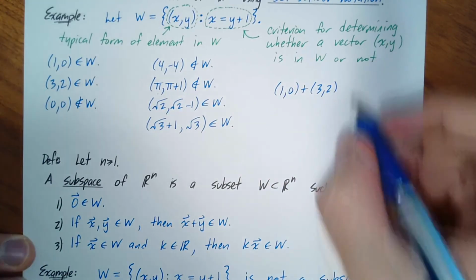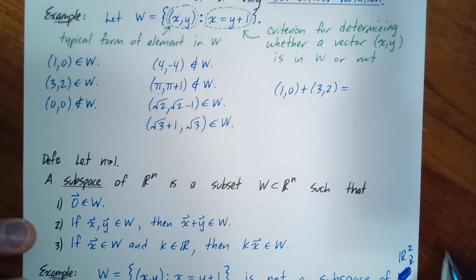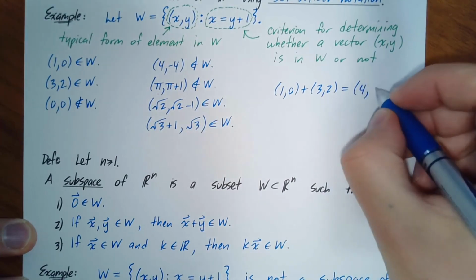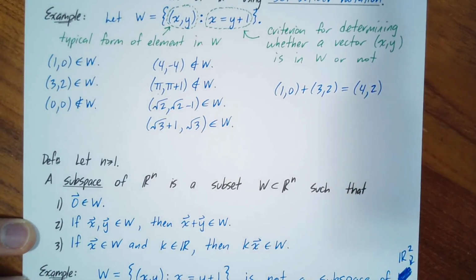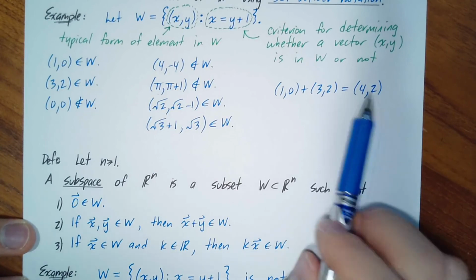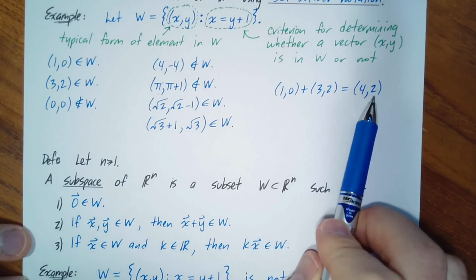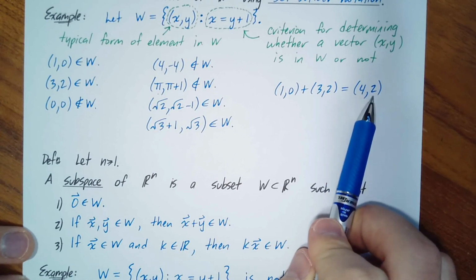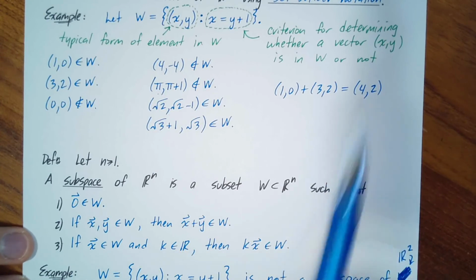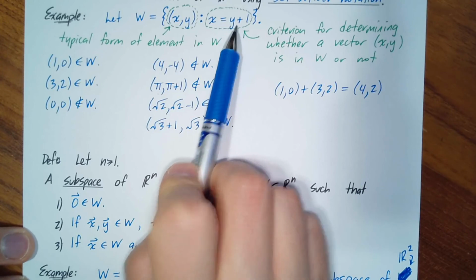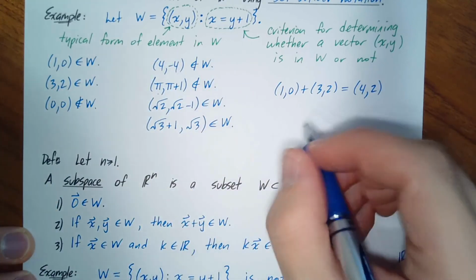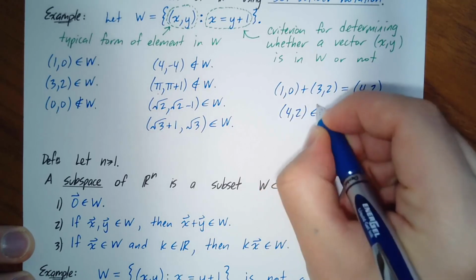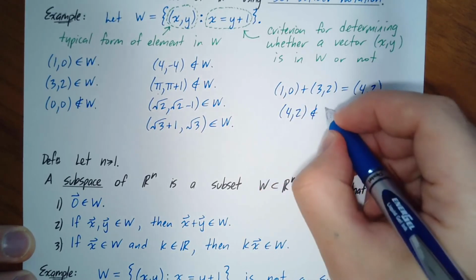If you add those together, the first coordinate is going to be 4, and the second coordinate is going to be 2. Now, is this a vector in W? No, because the first coordinate is actually 2 more than the second coordinate. But it's supposed to be only 1 more than the second coordinate if it's going to be an element of W. So it follows that (4, 2) is not an element of W.